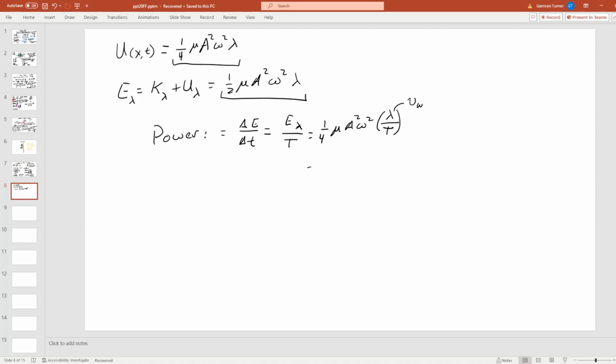So 1/2 mass per unit length times the amplitude squared times the angular frequency squared times the velocity of the wave is the power associated with this rope. In this particular case it's a rope, but it doesn't have to be a rope. It can be any mechanical wave. This is the amount of energy per unit time that the wave is going to use.